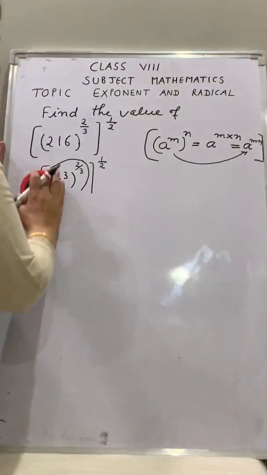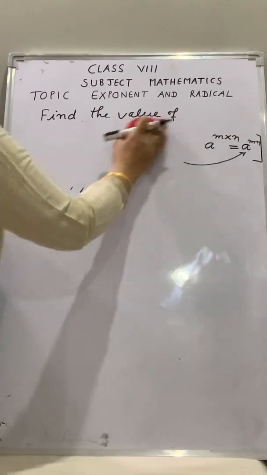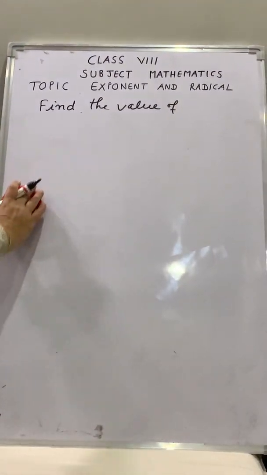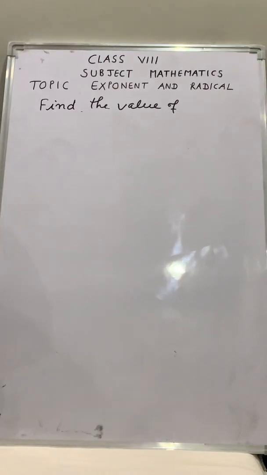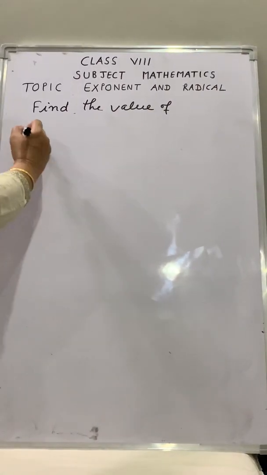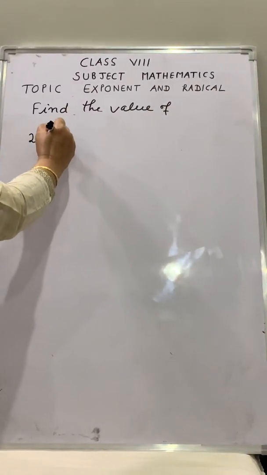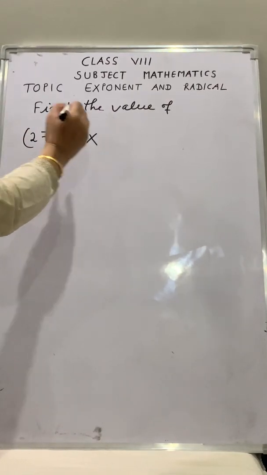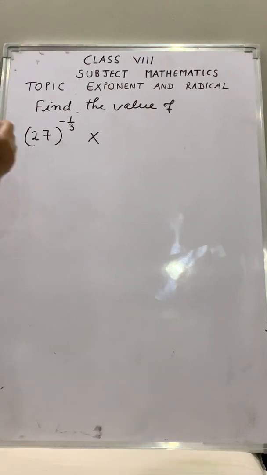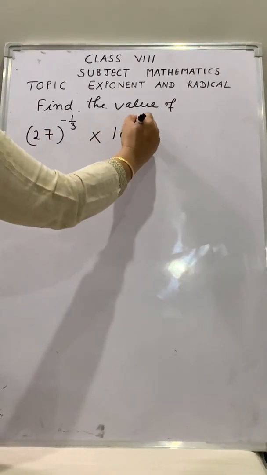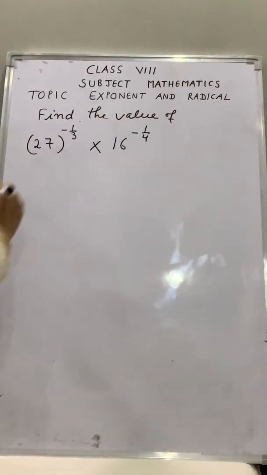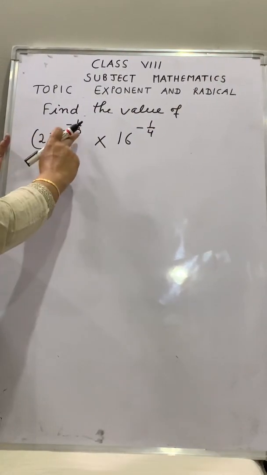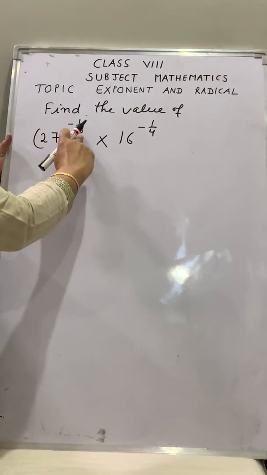Now next question is: find the value of 27 raised to power minus 1 by 3 multiplied by 16 raised to power minus 1 by 4. Same, you can write it by observing the index.